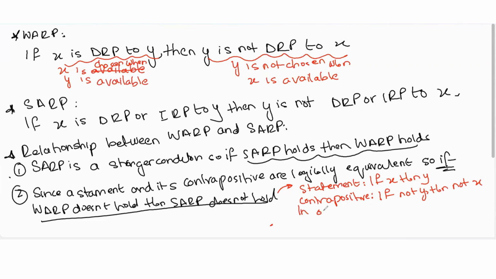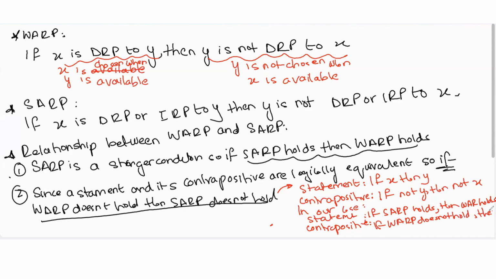In our case, the statement is the first one that we wrote: if SARP holds, then WARP holds. So its contrapositive would be: if WARP does not hold, then SARP does not hold.